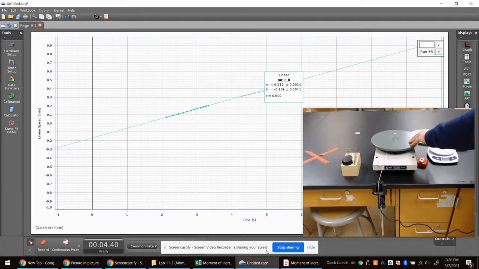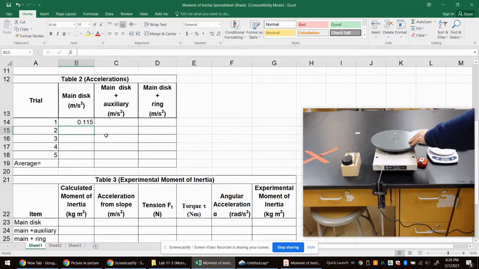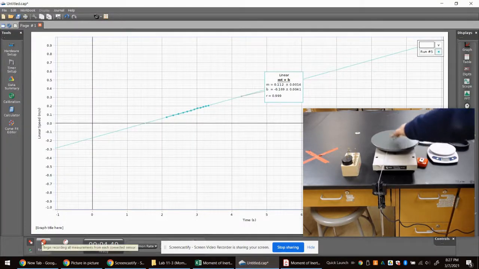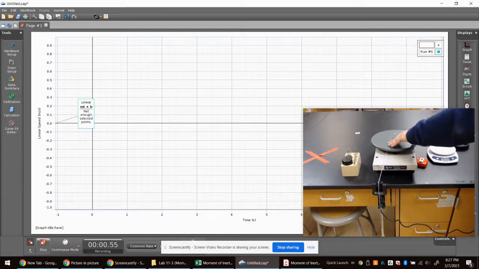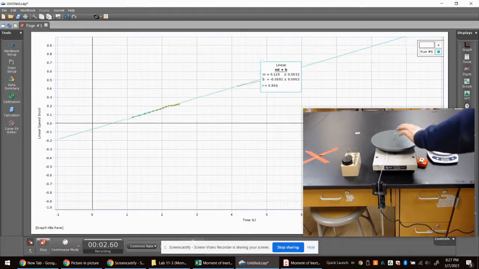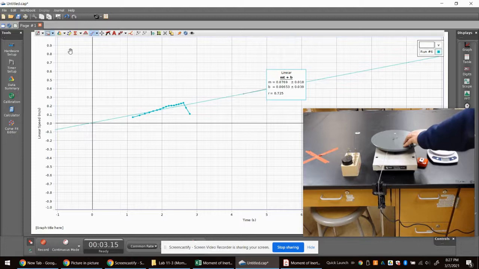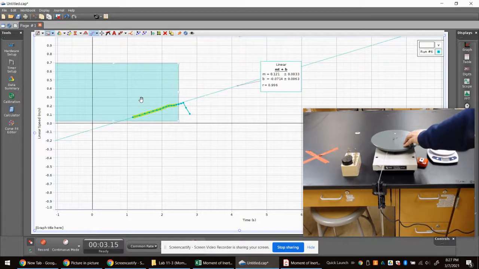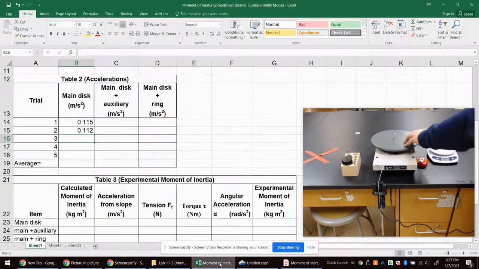Stop, 0.112. We'll do it again. And again, I stopped that one a little early, so you saw the drop off, so I'm going to have to highlight that. One of the advantages there was not to do that. 0.121. Okay, and we just keep making these measurements.